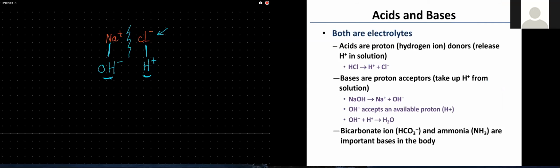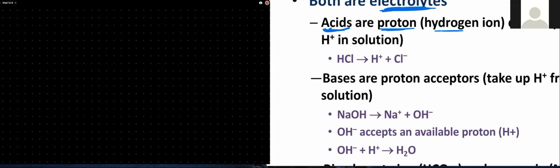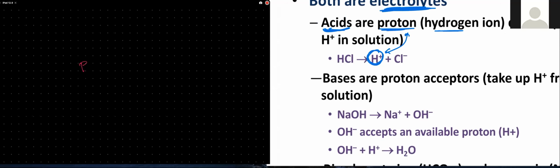Moving on to acids and bases, which are still inorganic compounds. Acids and bases are electrolytes, meaning they dissociate when you put them in water. An acid is a proton donor. So when it dissociates in water, it's going to be forming a hydrogen ion. A hydrogen ion is a proton, because remember, hydrogen is formed of one proton and one electron, right?